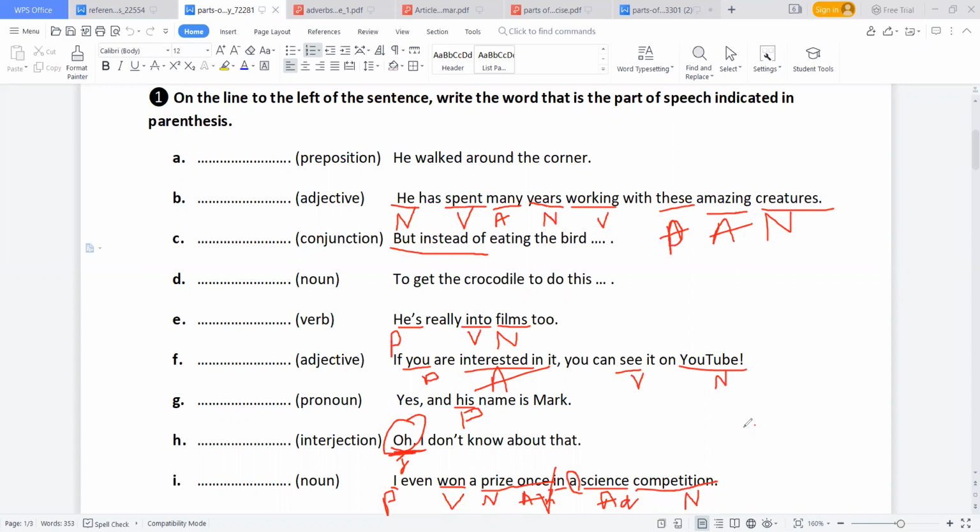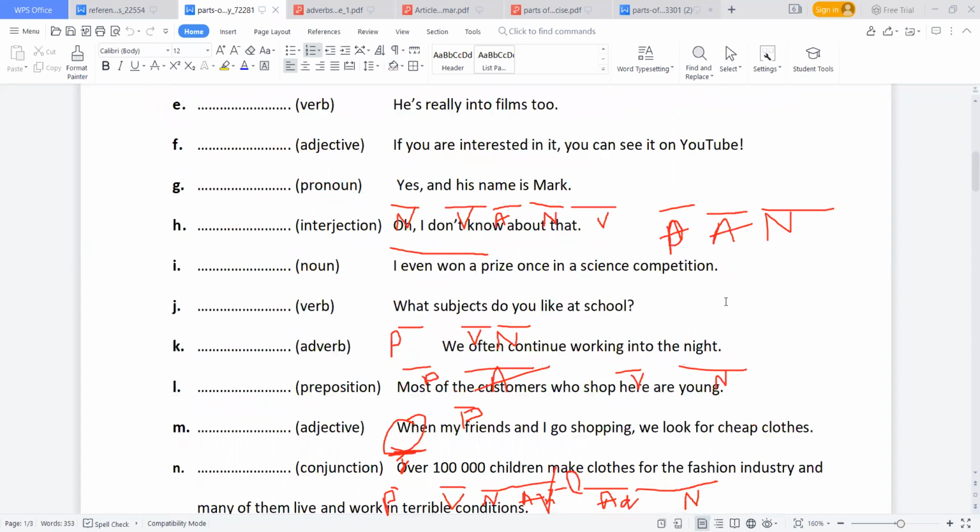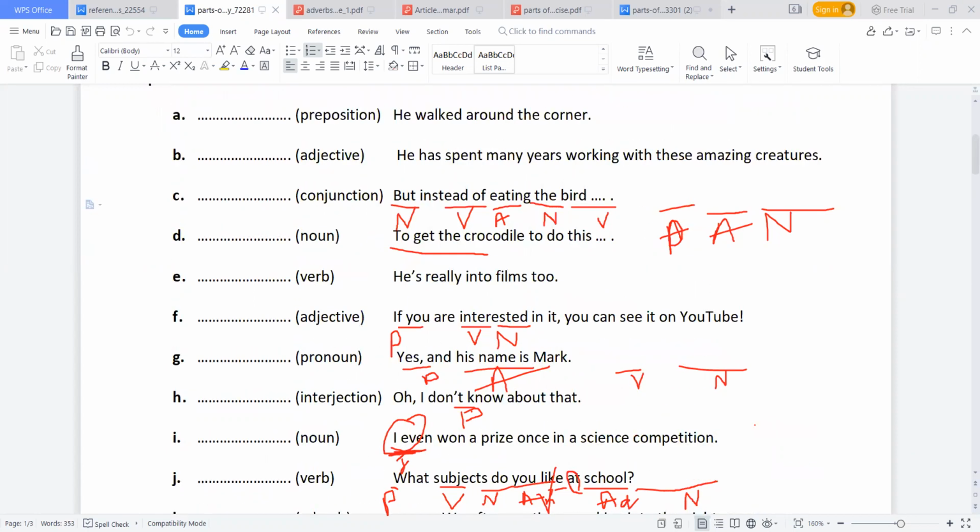The words that describe the nouns more deeply, like what kind of noun it is or how many nouns, all those words are adjectives. By having more examples, it will be more clear to you. Okay, just wait a minute. Clear it up first.